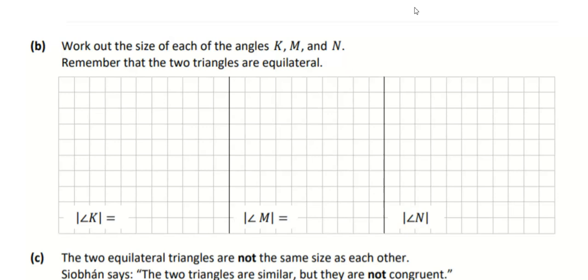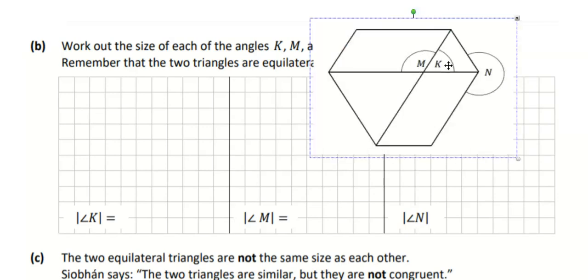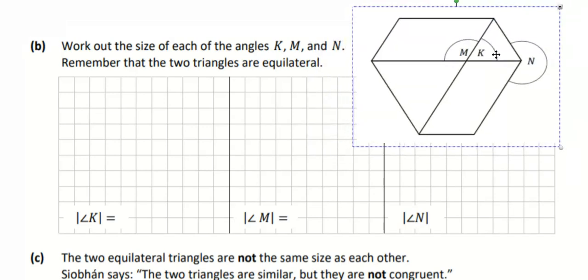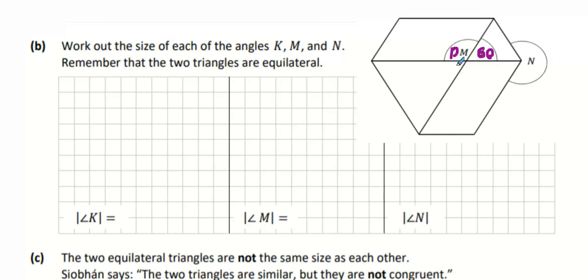Now, okay, so what we can get here is, if K is 60, M is 120. That makes this one here 60. Now, using opposite angles, that's 120. 120.